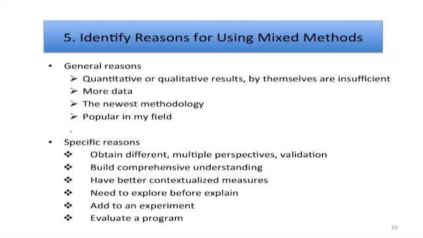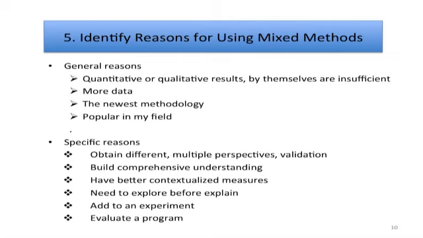Perhaps adding qualitative into quantitative helps you contextualize, put into a setting your information. Sometimes, especially my colleagues in global health, they want to explore first before they bring in an instrument. So exploring before they try to come up with explanations. That brings quantitative and qualitative together.